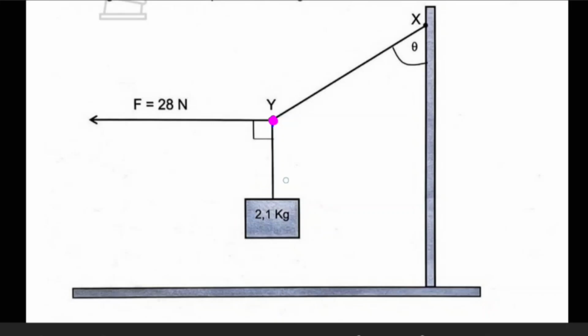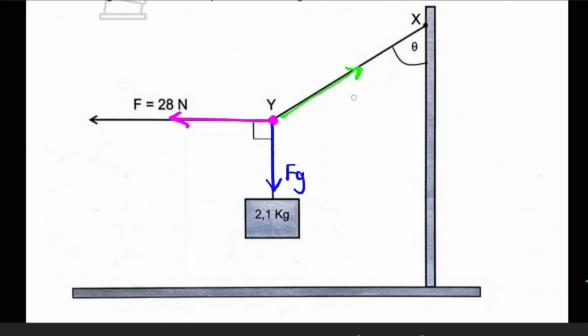Firstly, we have this 2.1 kg block that is pulling down, so we understand that the force of gravity is going to act down. As they have mentioned, we have a force applied to the left of 28 newtons. And seeing that there is a rope attached to the wall, there is going to be tension.